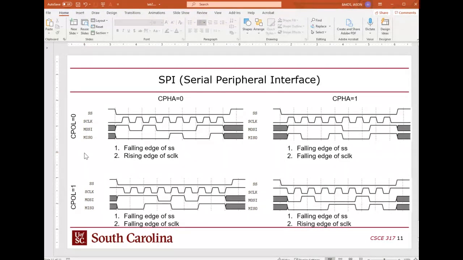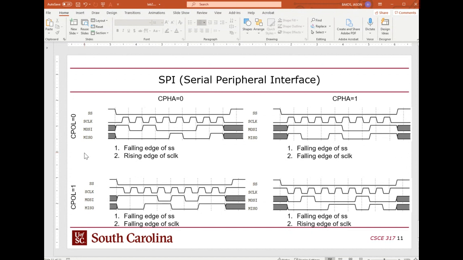After SS drops, you're either going to look for the next rising edge of the clock, or the next falling edge, and that depends on CFA and CPOL. So if CFA is 1 and CPOL is 0, then you're going to look for the falling edge of the clock. And if CFA is 0 and CPOL is 1, then you're going to look for the falling edge of the clock as well.